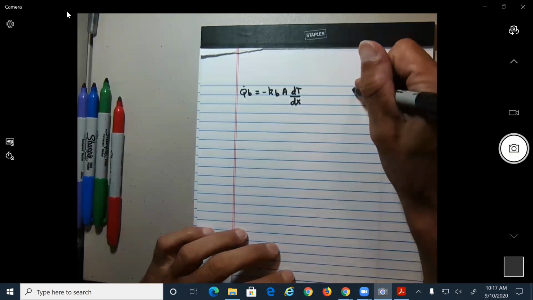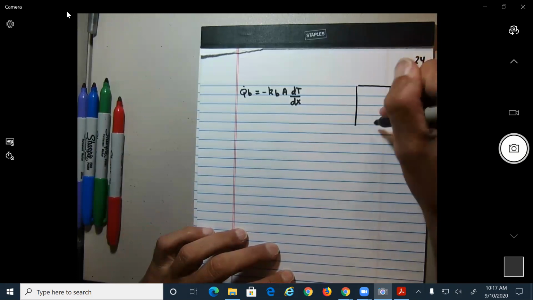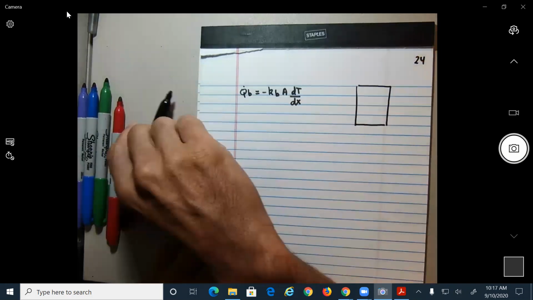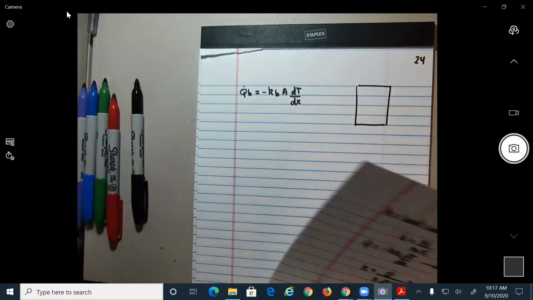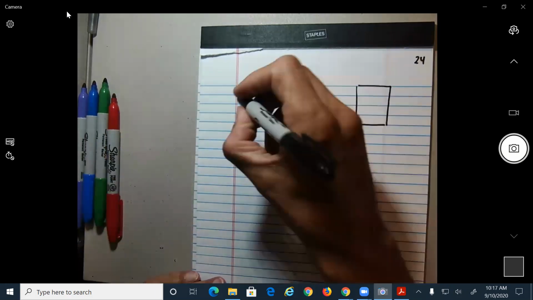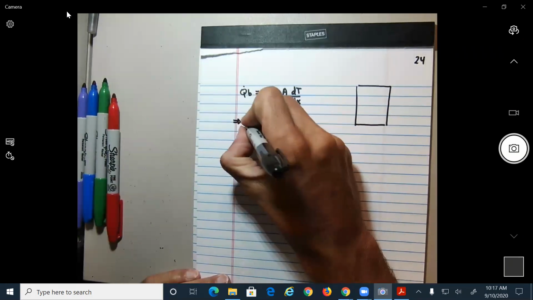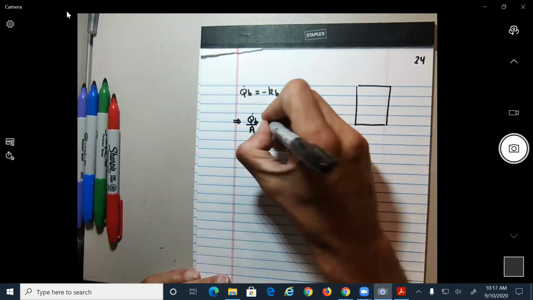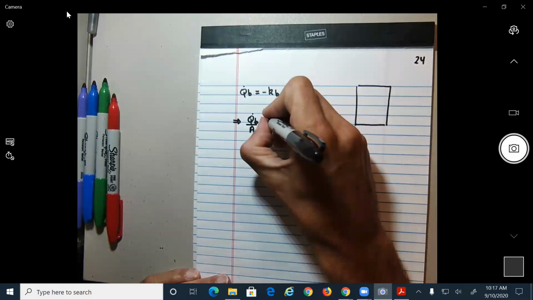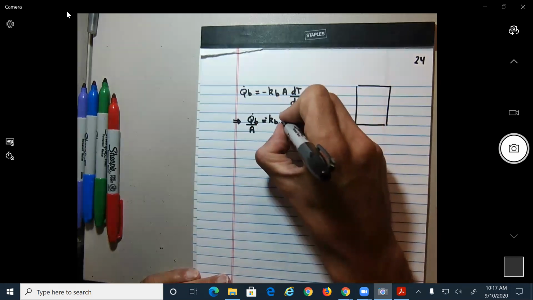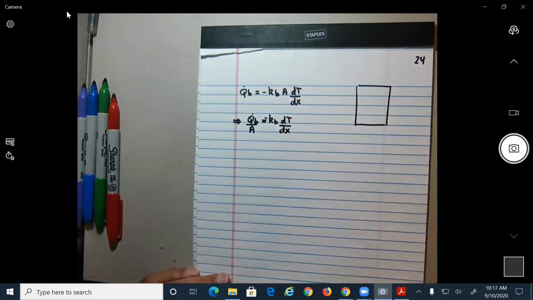Okay, so this one's going to be, let me do a figure, might help a little bit. All right, so this will mean over here that Q of brick per unit area will be equal to minus K_B of the brick dT/dx.